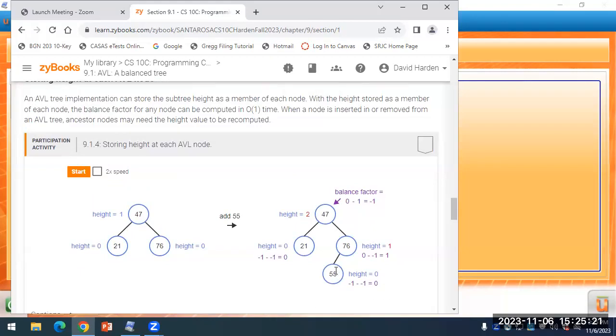When we add the 55 down here, can we immediately go and update the height of the root? I suppose technically you could go to the root and then start back down the path, just adding 1 to each node. It seems very counterintuitive.